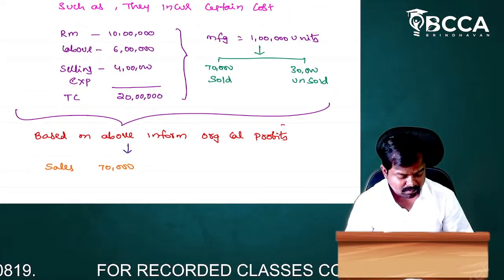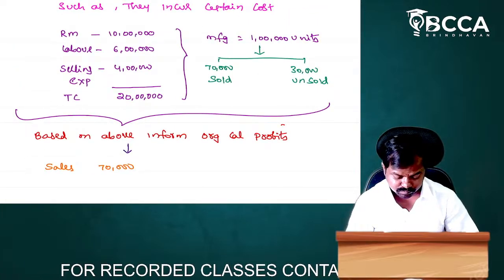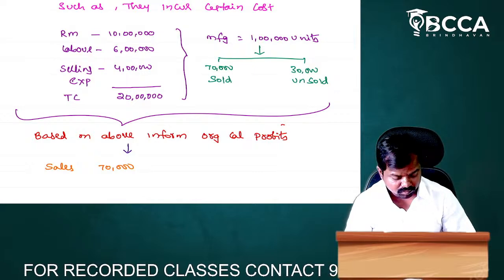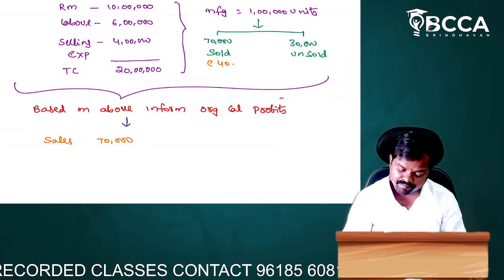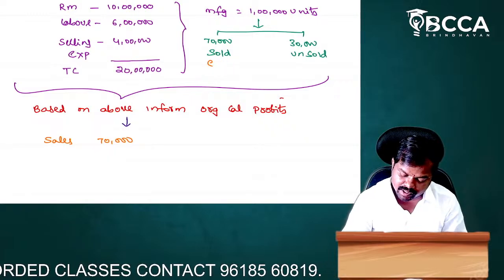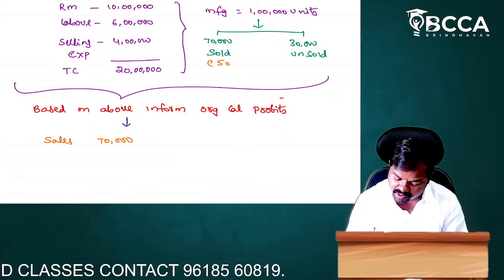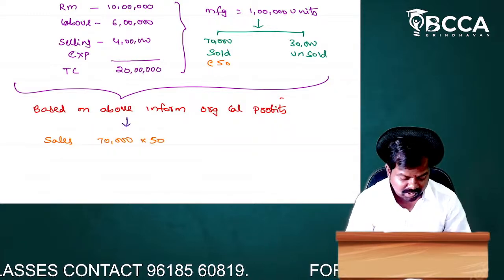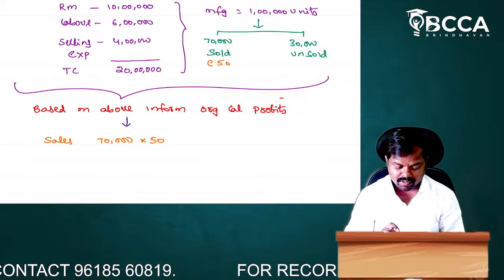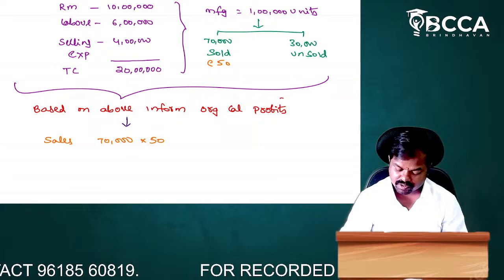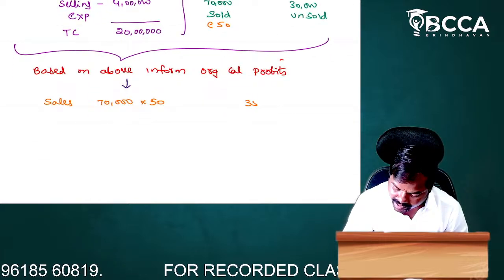Please respond now. They sold for 50 rupees. 70,000 into 50. Take the calculator. How much? 35 lakh.